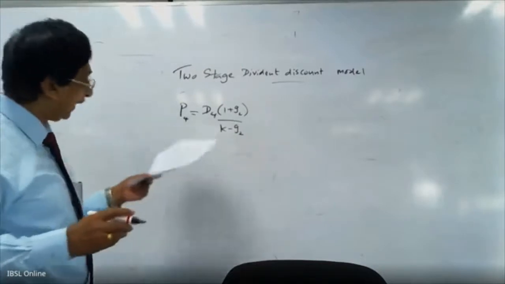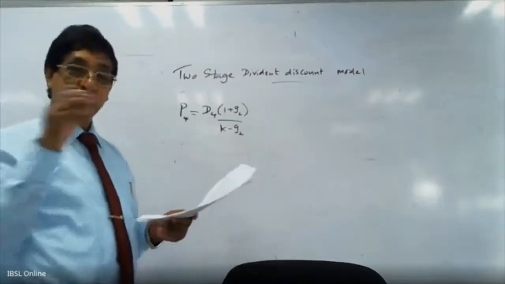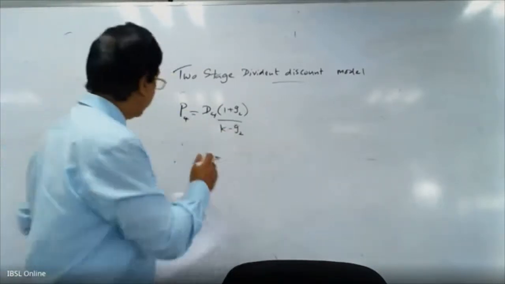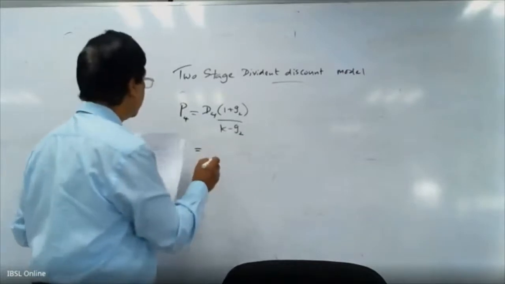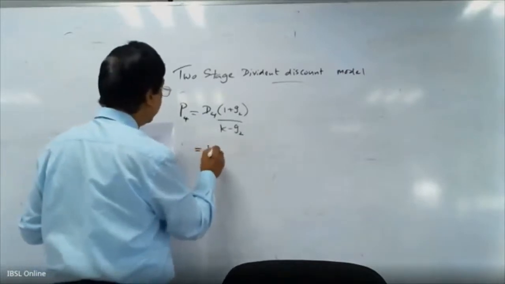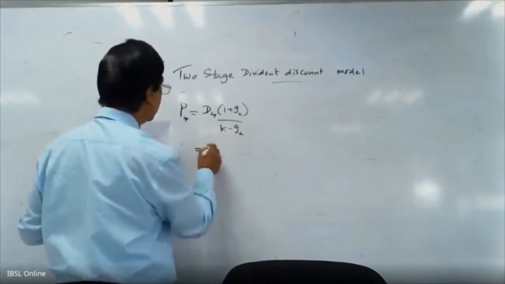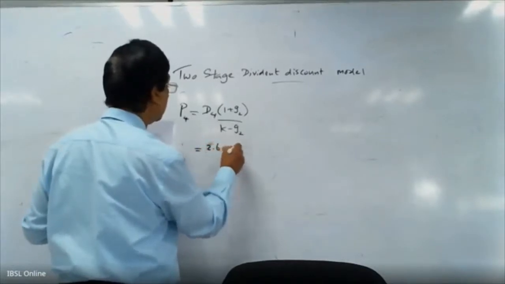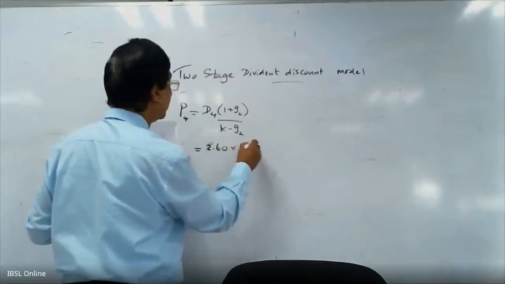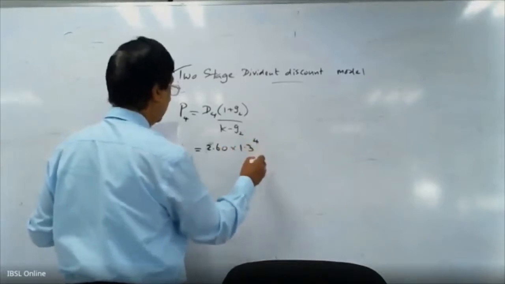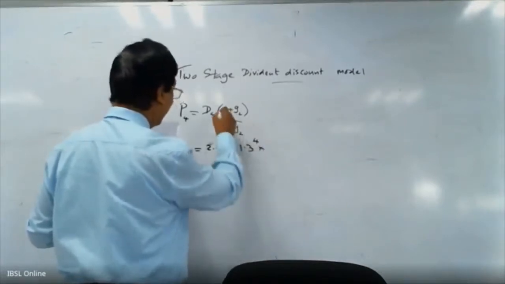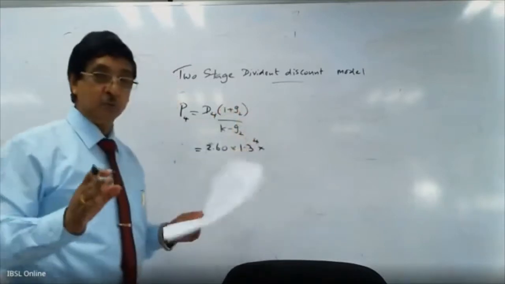So we will substitute the values. D4 will be 2.6, that is the D0, 2.6 into 1.3 to the power 4. Then again we have to multiply with 1 plus G2.